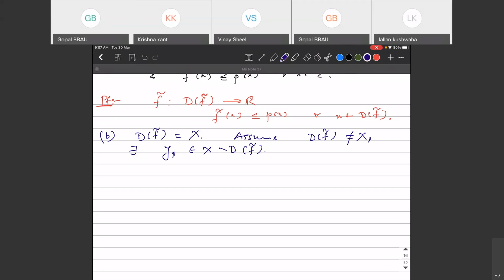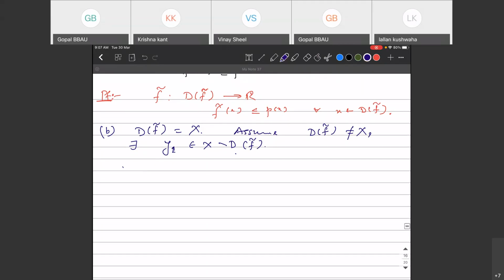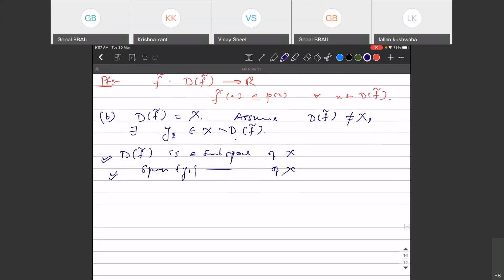So we have y1, and we have the domain of F tilde, which is a subspace of X. If you take the span of y1, this is again a subspace of X.